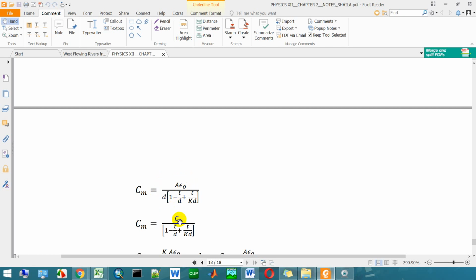So the next expression is C naught divided by 1 minus t by d plus t by Kd. This 1 minus term shows that the denominator is less than 1, so on introducing a dielectric between the plates, the capacitance increases.